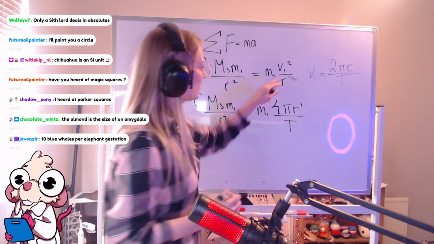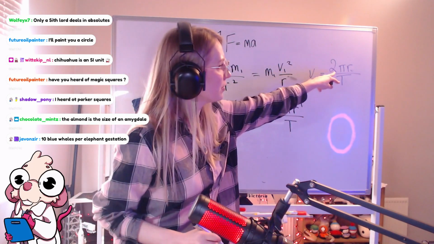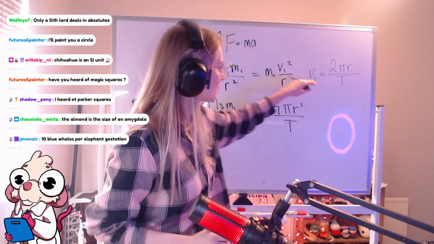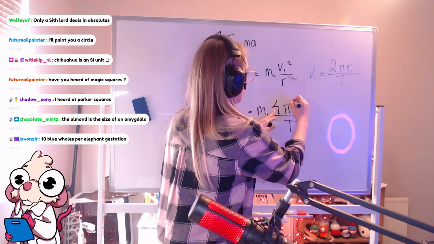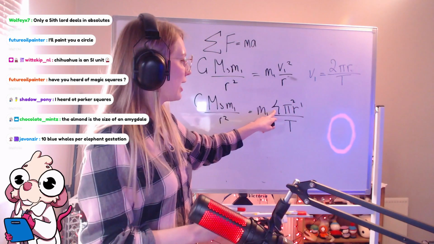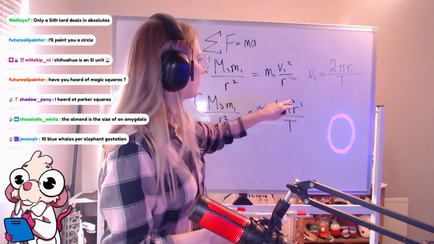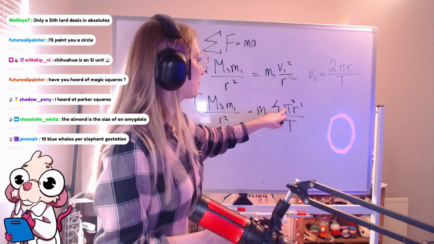So just what happened there is it's V1. V1 is equal to 2 pi r over t, but we need to square it. 2 squared is 4. Pi squared is pi squared.